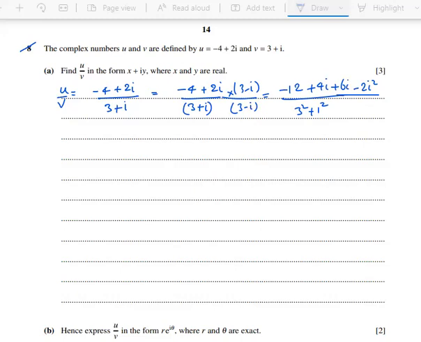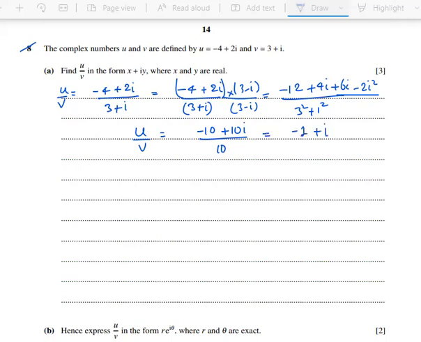Okay, cross multiplication: minus 4 plus 2i multiplied by 3 minus i is this. So we get u by v equals minus 12, and this will become positive 2, so we have minus 10 plus 10i divided by 3 squared plus 1, which is 10. So this is minus 1 plus i.